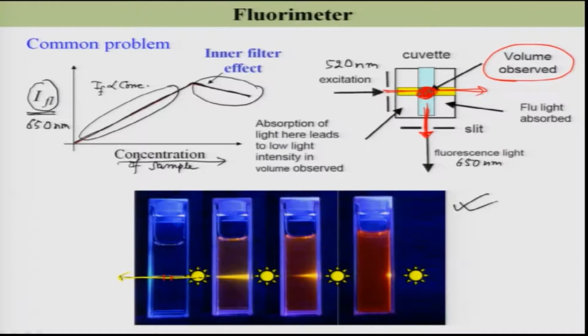Now, if you increase the concentration of your sample, the excitation light will find more molecules in this region, so it will be excited, and throughout the region the excitation light intensity will not be the same. If you increase the concentration more, this excitation light will be used to excite mostly the molecules over here.